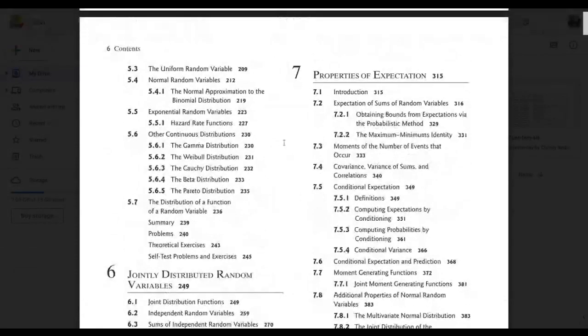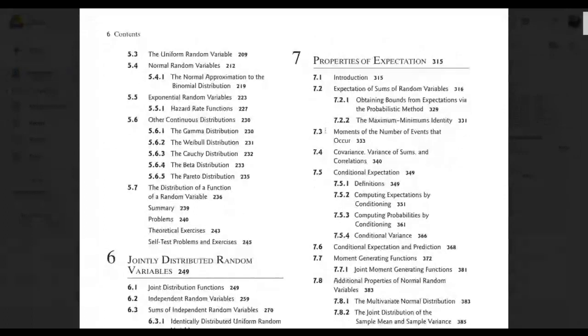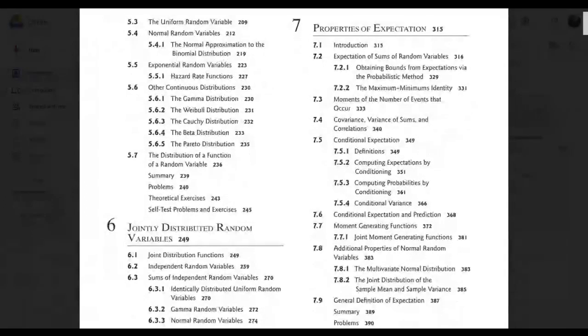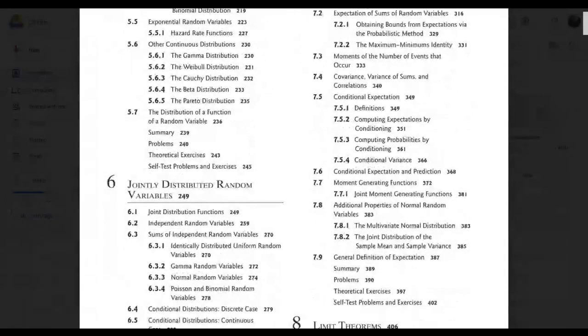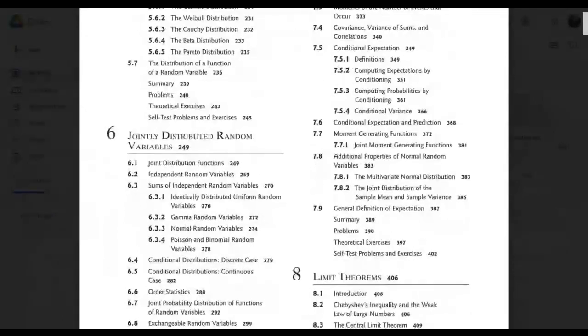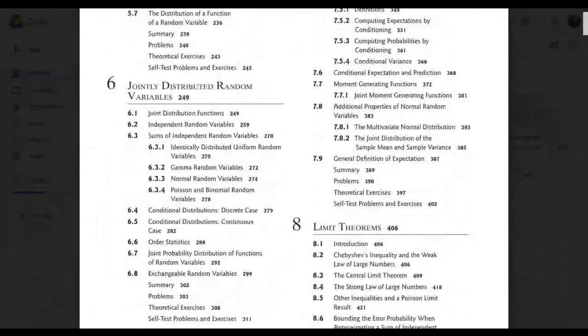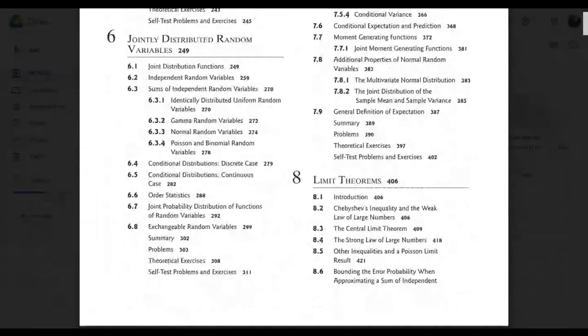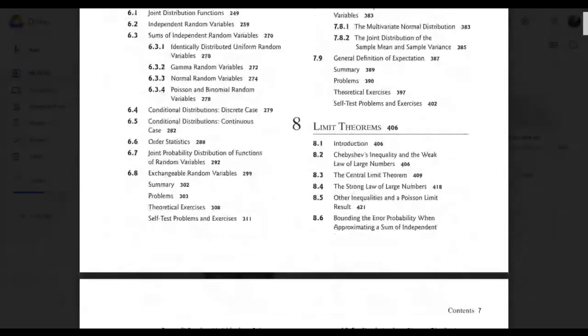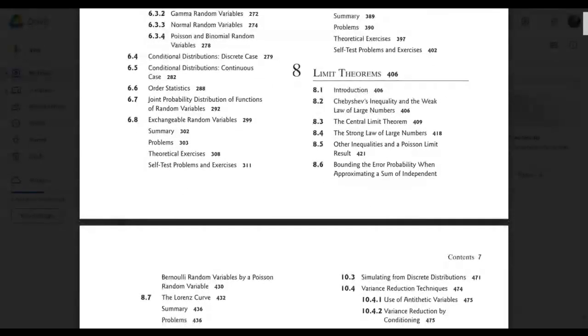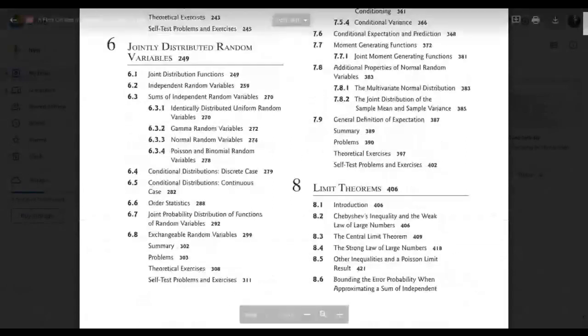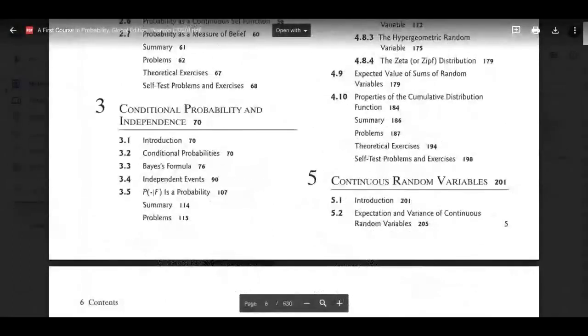Chapter 7 explains the sum of random variables. We're not going to cover the whole thing, we just have to cover the syllabus. All right, we're good. I was a little worried.